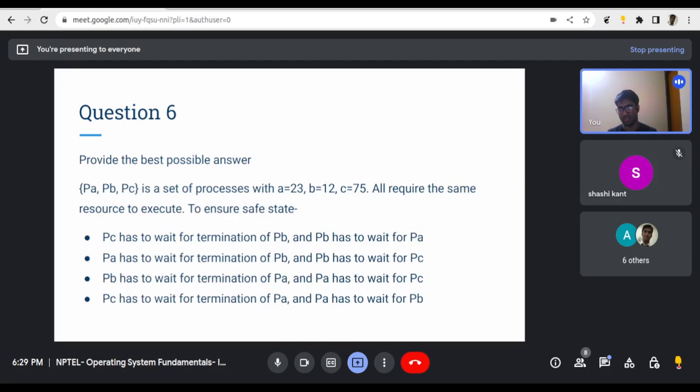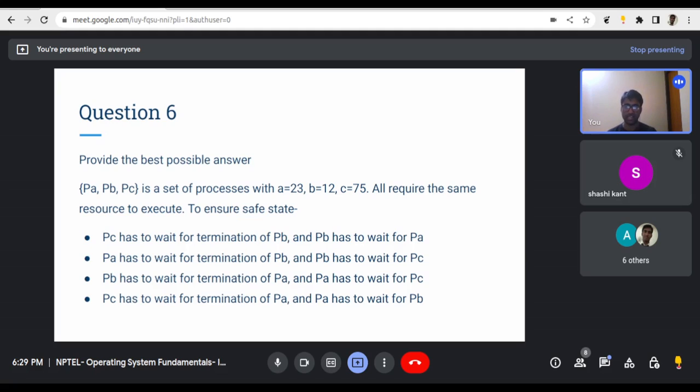Anyway, let's move on to the next question. It's a pretty simple question. PA, PB and PC are a set of processes, with A equals 23, B equals 12 and C equals 75, and all three require the same resource to execute. To ensure a safe state, which system is actually correct?